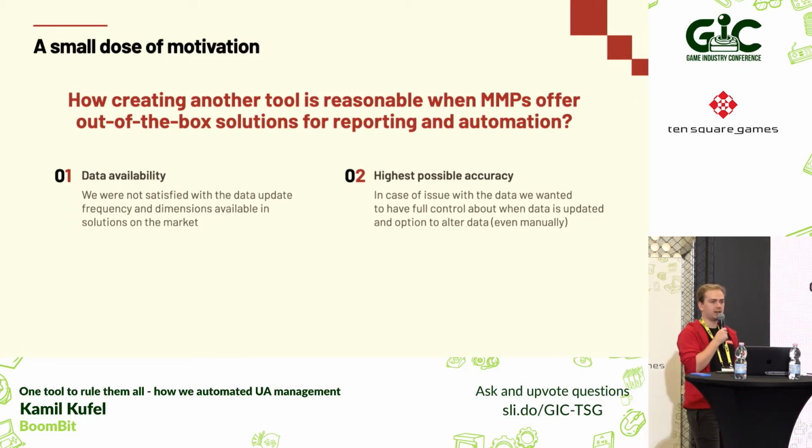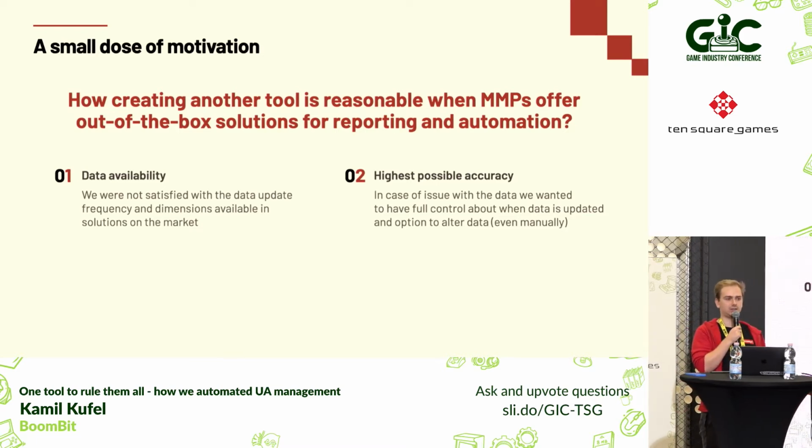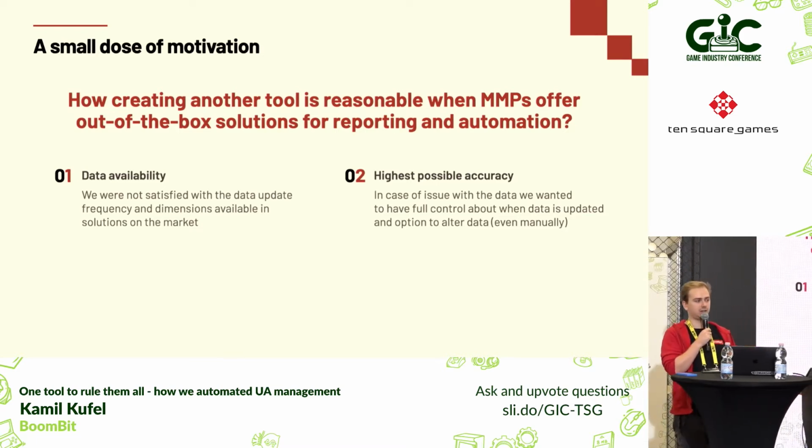Personally, I don't know of a third-party solution allowing you to alter the data. Usually, when something is wrong with the events or parameters, you have to fix the game, update it on the store, and wait for the proper data to be collected. While we have everything on-site, we can just edit what is wrong and recalculate everything.